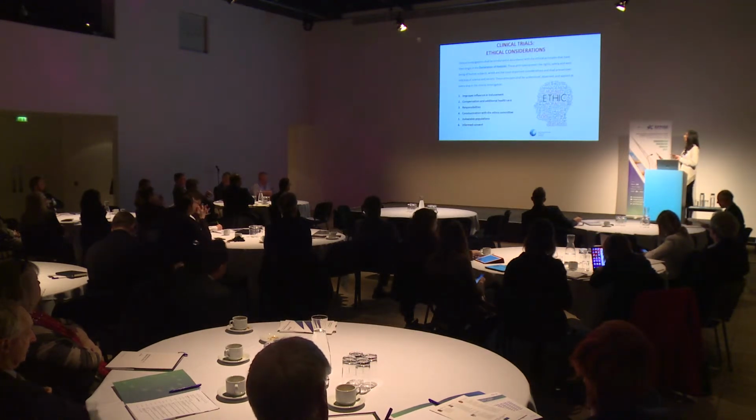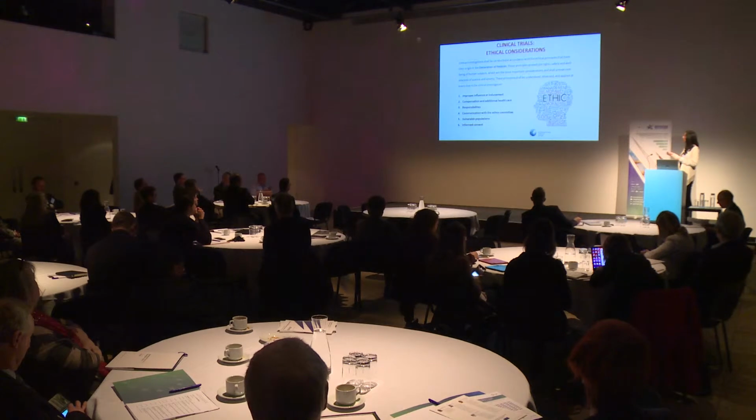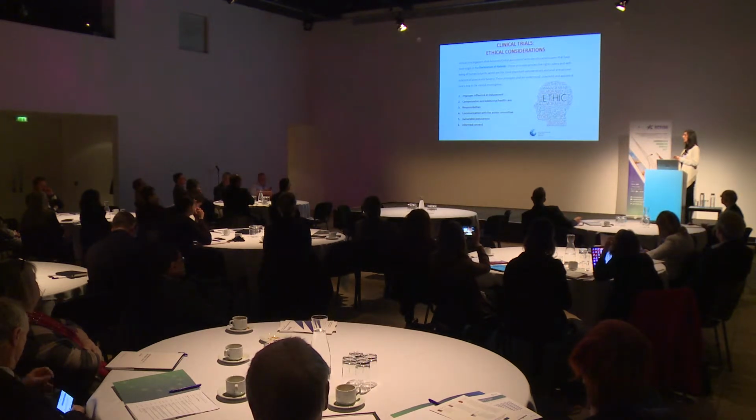We have to take into account the compensation, additional healthcare responsibilities, and communication with the ethics committee, which could evaluate favorably or not favorably the conduct of a clinical experimentation. We also have to take into account vulnerable populations, and of course the presence of an informed consent must be mandatory.